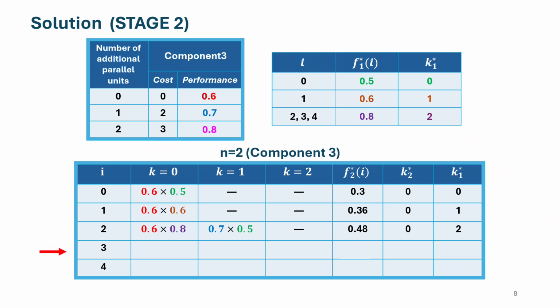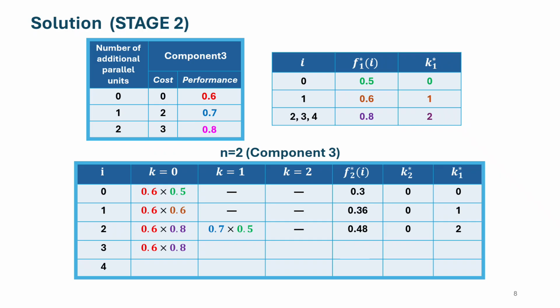If we select 0 units for component 3, it costs $0 and has a performance of 0.6. The remaining $3 for component 4 gives a best performance of 0.8, from the stage 1 table. The total performance is 0.6 times 0.8, which equals 0.48.